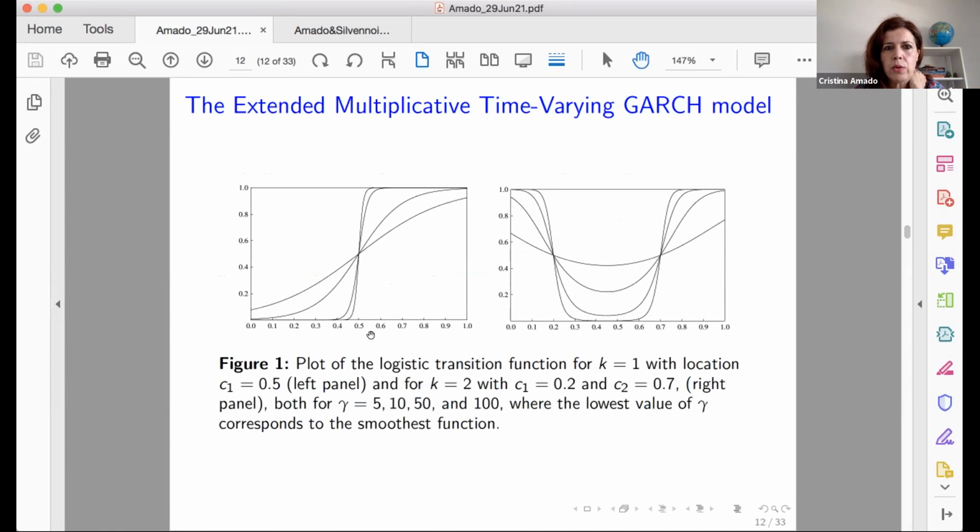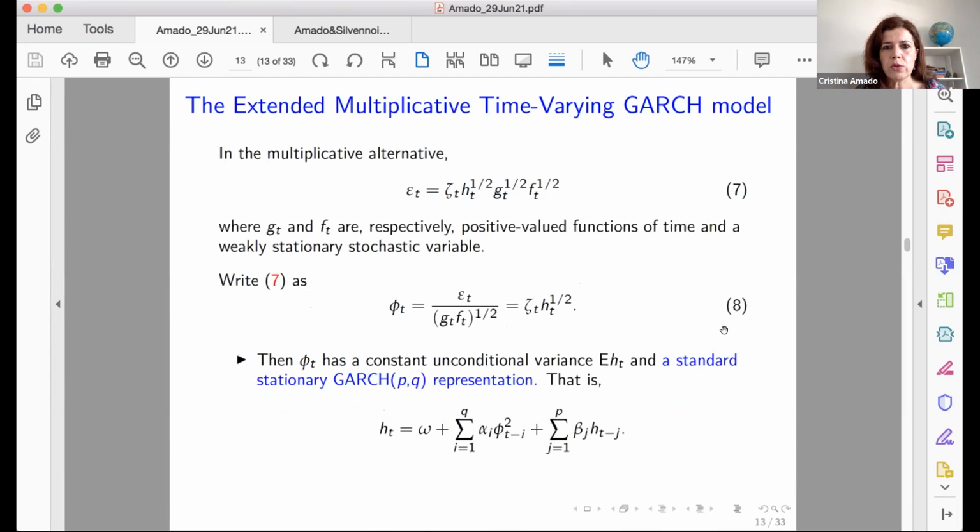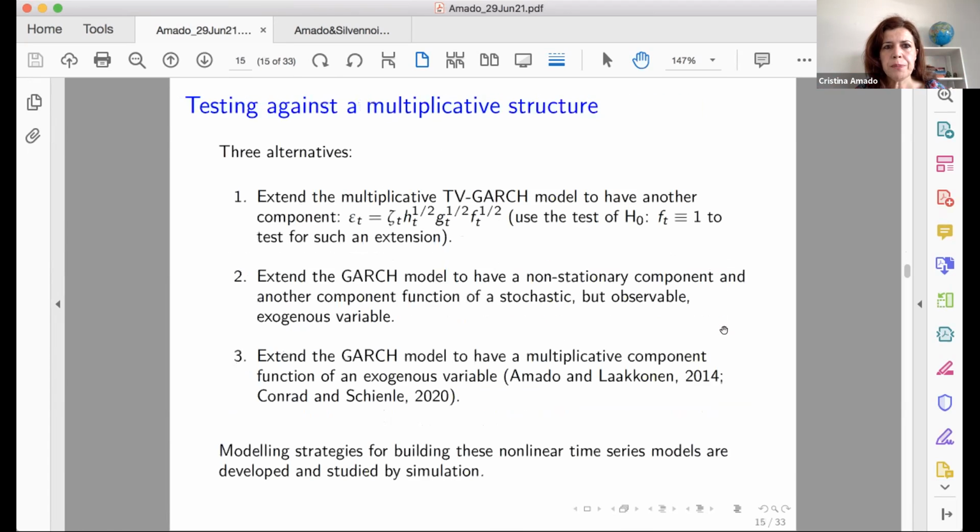So we could have different shapes of the function depending on how many location parameters. If you look at these plots, on the left plot we have just one location parameter, c equals 0.5, and on the right-hand side we have 2 location parameters and 4 different smoothness parameters. So I'm going to skip this here.